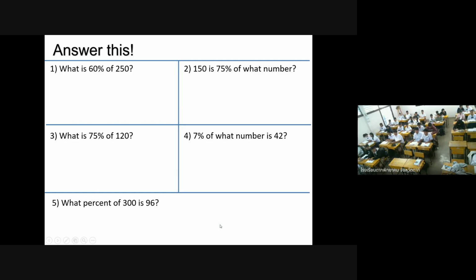This was the homework, right? Who didn't do the homework? Homework. Homework. Where's your homework? What is that? Where's your homework? Nimai?